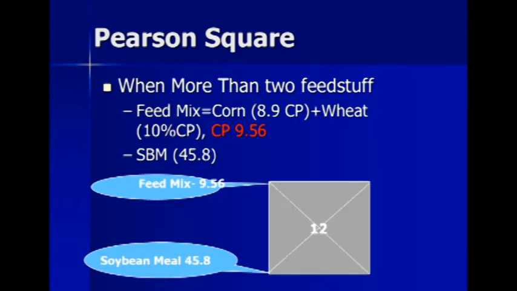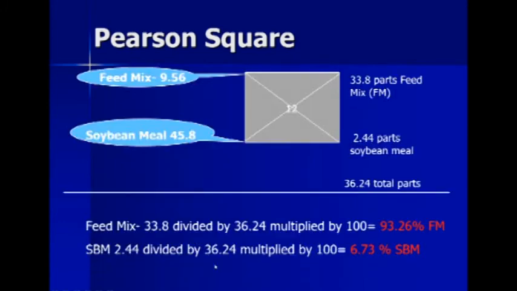Now, by doing the same calculations as we did in the single feedstuff, we put a feed mix on the top with 9.56% protein, and we put soybean meal here, 45.8% protein, and did the calculation as we did in the previous example.